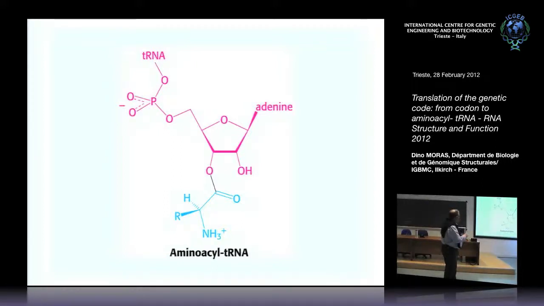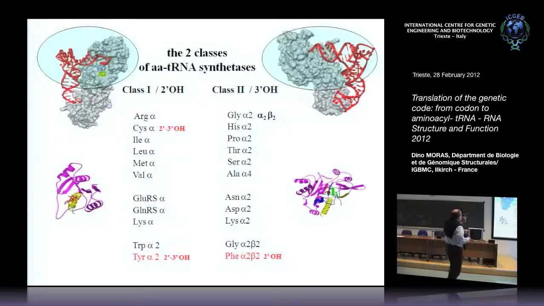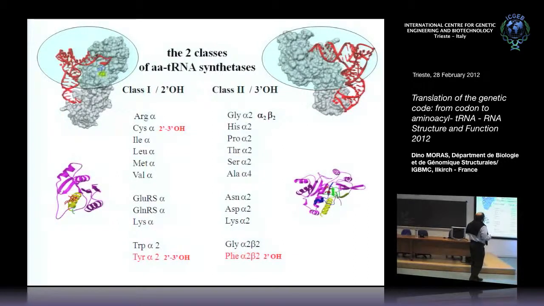So, in fact, we were facing a very important division. And then the structure came at almost the very same time. These were class 1, this class 2. These had the Rossmann fold. These had another active site, which at that time was very novel. Now there are very few. This is less common. These are the 2' and these are the 3'. When you have 2', 3', it means that the chemistry is a bit shaky.